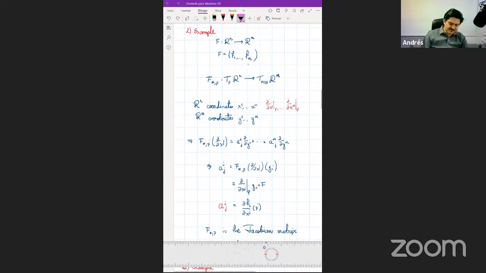So this linear function with respect to this basis and the corresponding basis here is nothing new. It's something that you already know, and it is the Jacobian matrix.